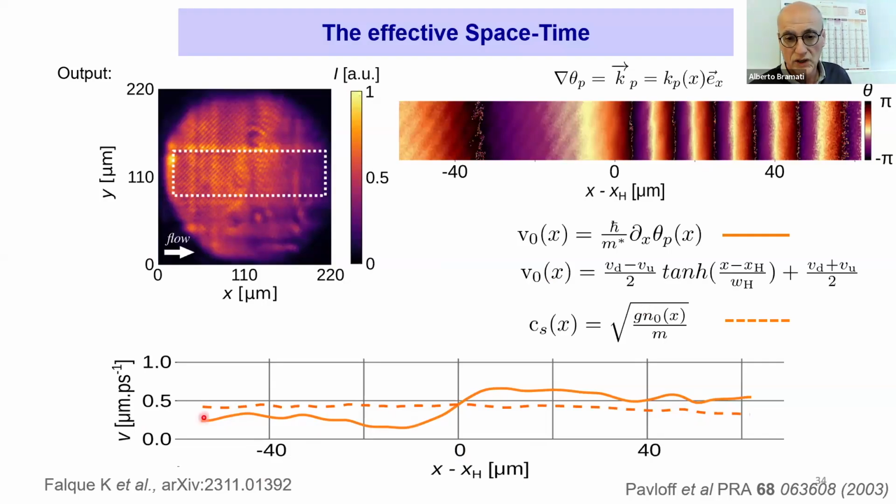And then at this specific precise point, we have the crossing between the two speeds, and at this point we have the equivalent of an acoustic horizon for the collective excitation in our fluid.